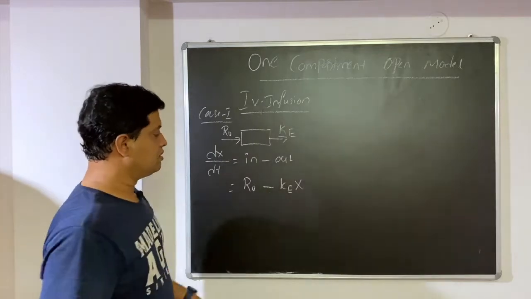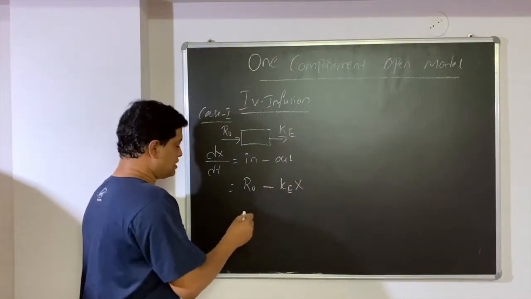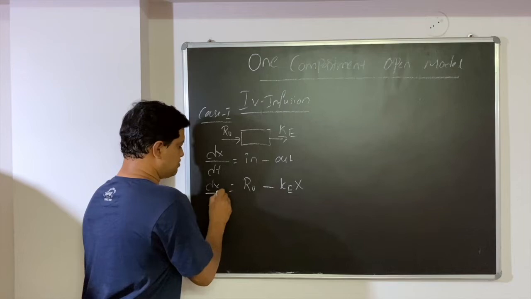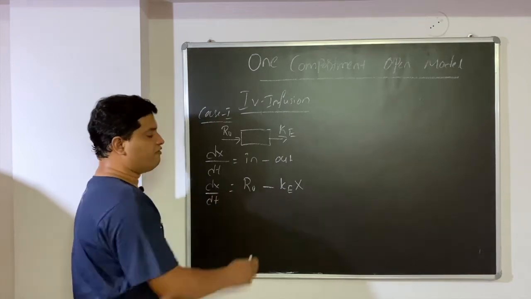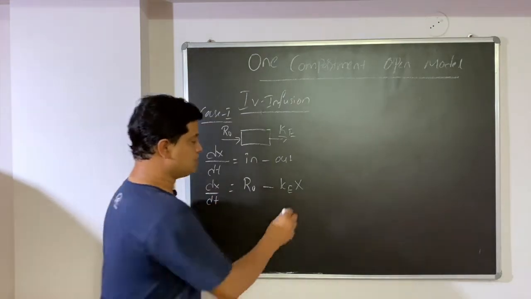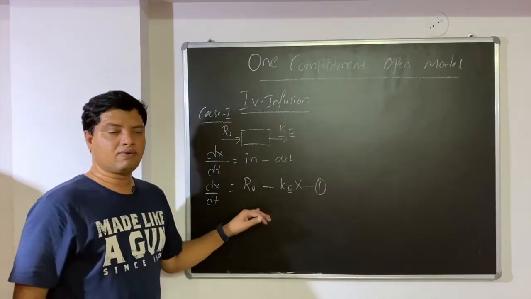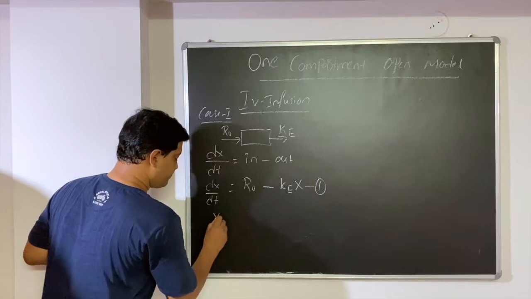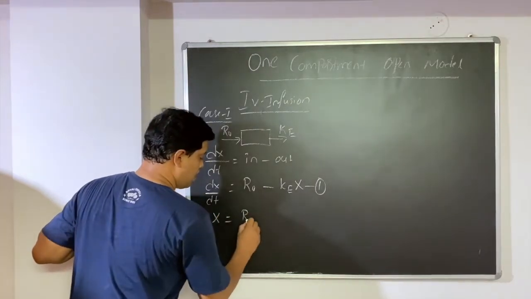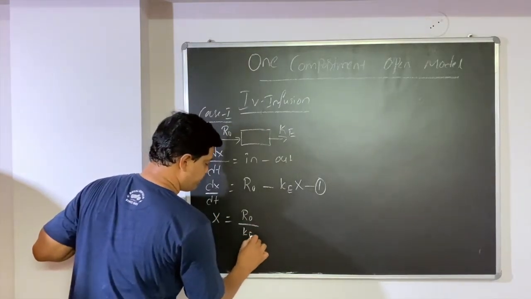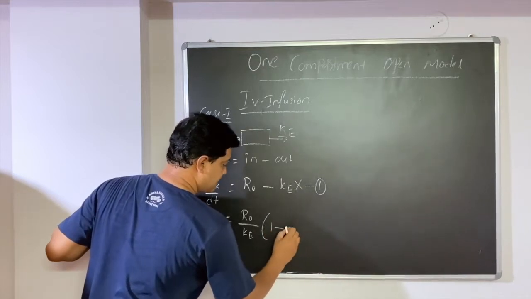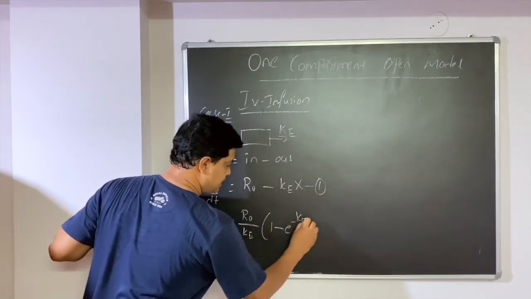So Ke into X. That is your dX by dt. Now if we integrate this equation, assume this equation as 1, integrate and rearrange equation 1, you will get X is equal to R0 by Ke whole into 1 minus e to the power of minus Ke t.